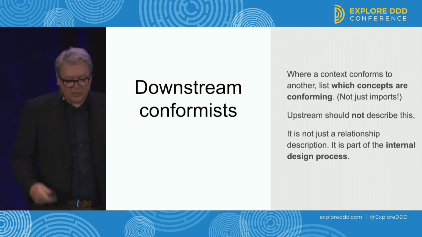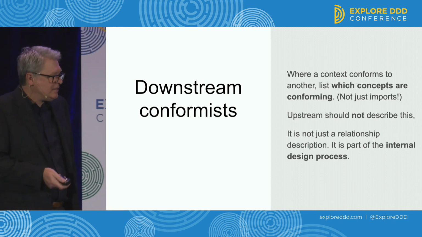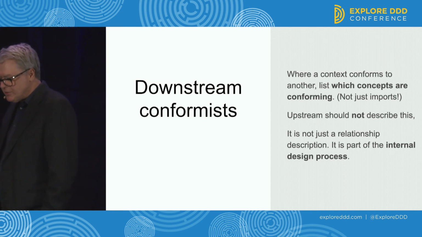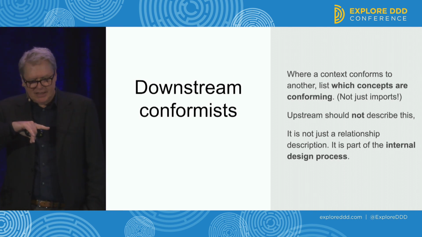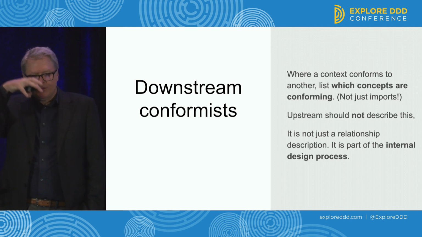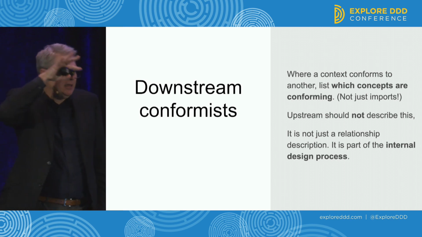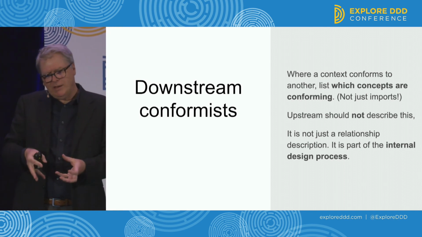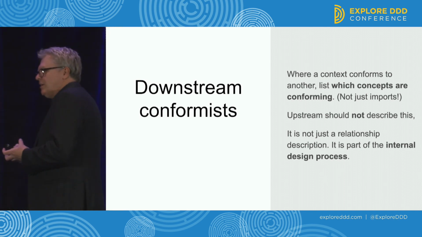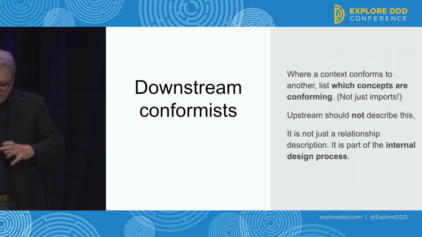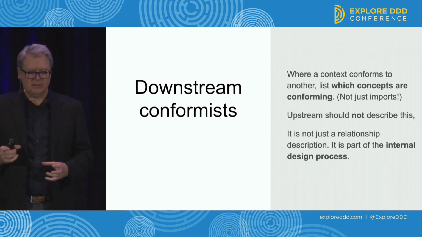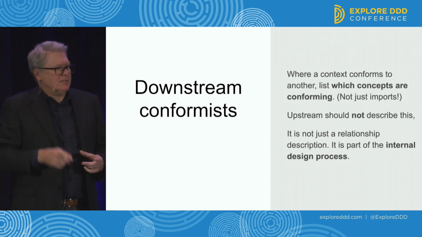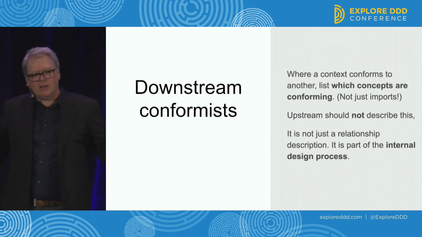Here's another one, downstream conformists. That's actually one of the patterns that's already in the book, conformist, but it describes the relationship. It's saying my context relationship to that upstream thing is conformist, and this emphasizes that what makes a conformist is that I have chosen to make my model be a lot like that one. Well, I could use that to describe what part of your model is like that one. It's usually not the whole thing.